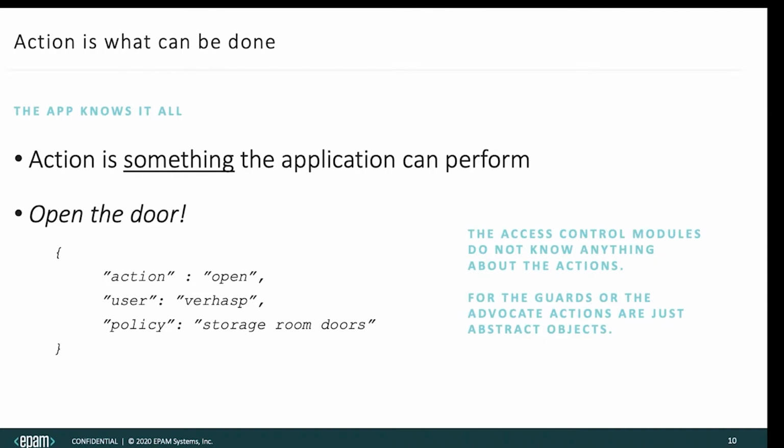There is a user who is trying to access. So when we are asking the advocate, then we say that we need to know whether this specific user is allowed to open something for which the policy is named storage room doors. And then the access control guard is what will enforce what the advocate says.